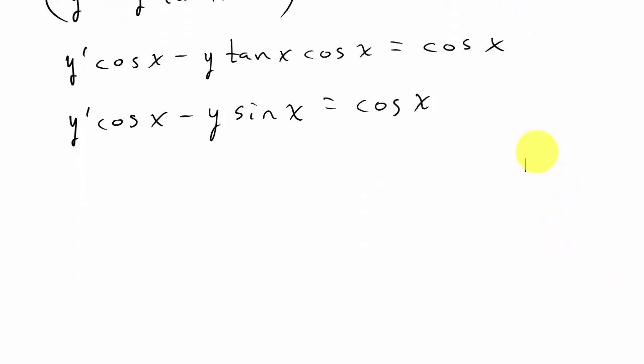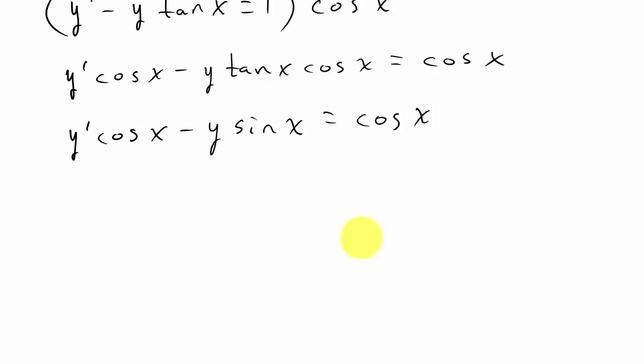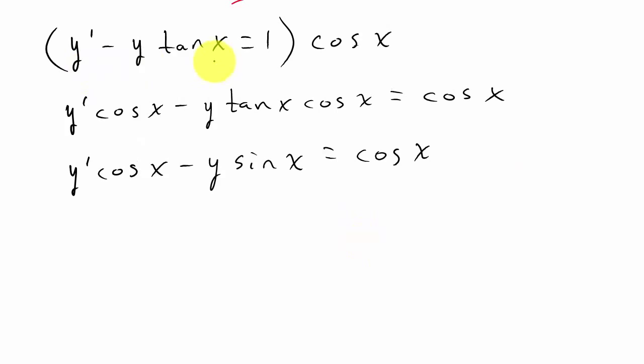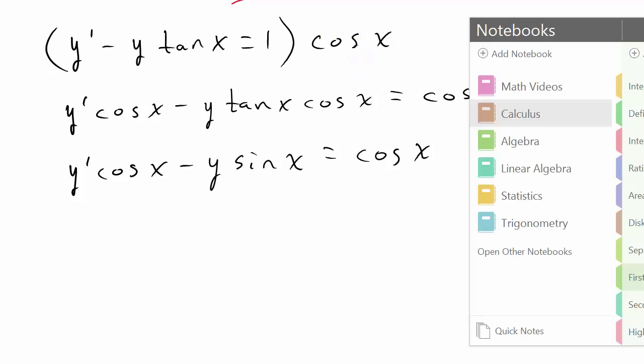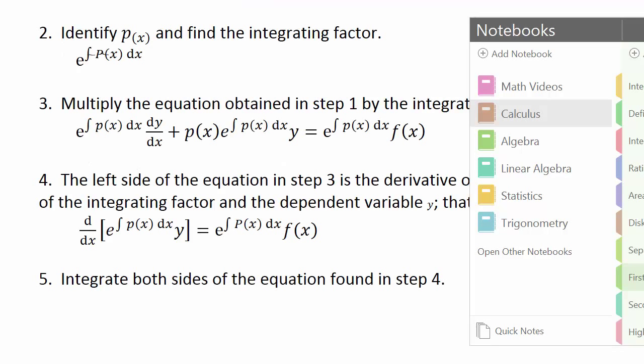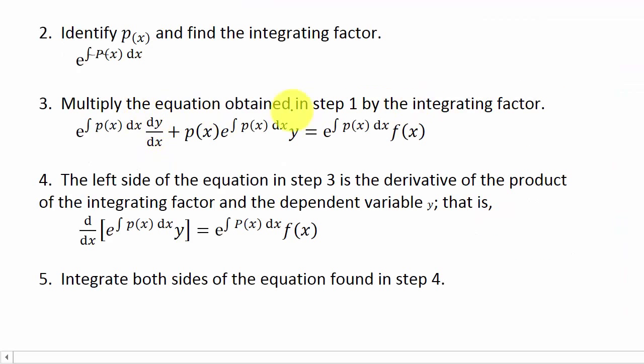Alright, so I multiplied the standard form of the equation by the integrating factor. Now, remember, once I've done that, the left-hand side of this equation in step 3 is the derivative of the product of the integrating factor and the dependent variable y.